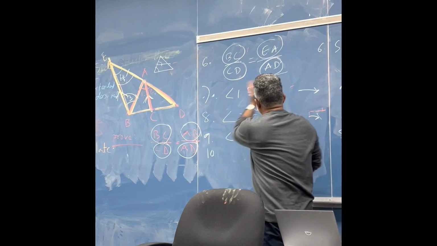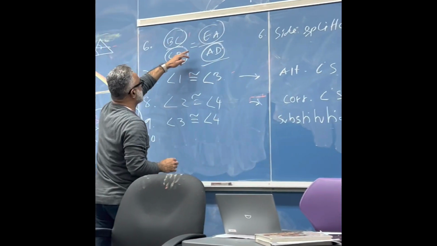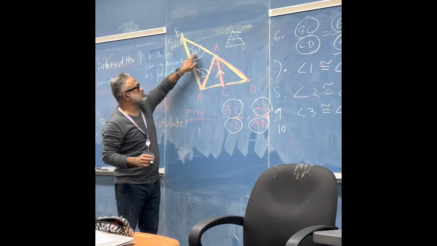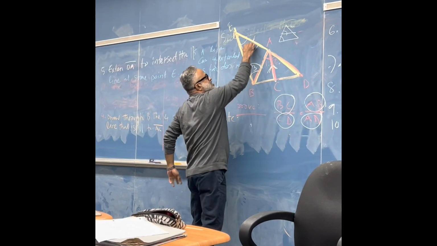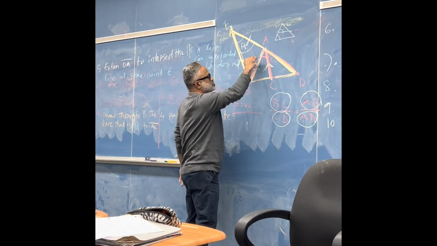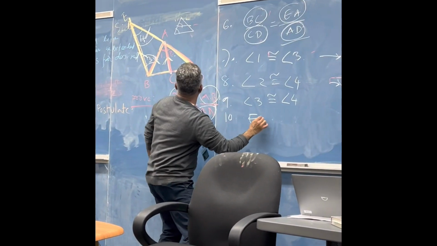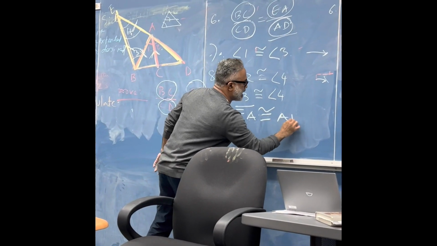So we are trying to prove that EA is congruent to AB. Once we say that angle 3 is congruent to angle 4, you are good up to this? So we can say AE is congruent to AB, right?